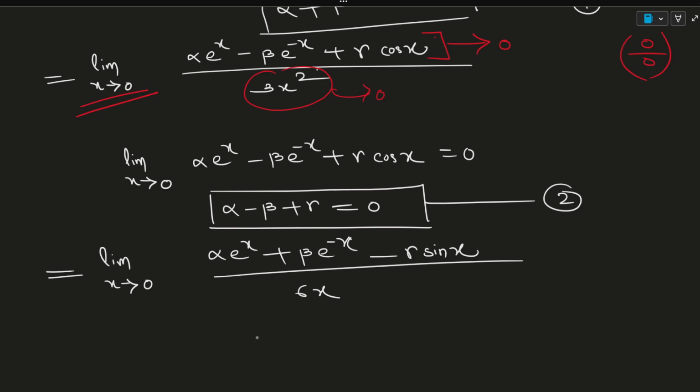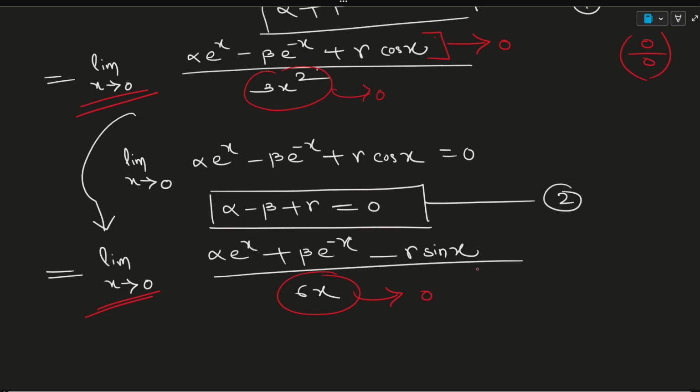Again I apply L'Hospital rule to this step, so it reduces to this one. So clearly I can see that when x tends to 0, the denominator tends to 0. So for the existence of the limit, it has to be 0 by 0 form. So the numerator has to be 0.